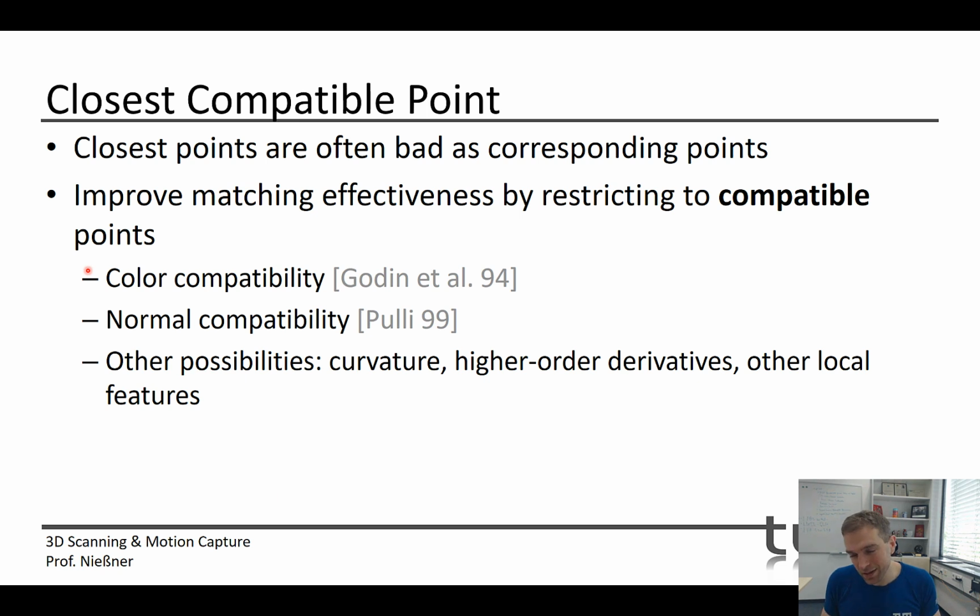That works, but it's already super slow, right? Then you have to compute a SIFT descriptor for every point. So there's a trade-off here: how much time and compute effort do you want to spend to verify that a nearest point match is compatible or incompatible? So you can do this on colors.